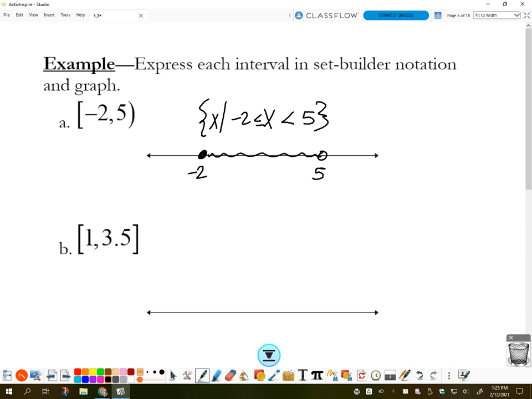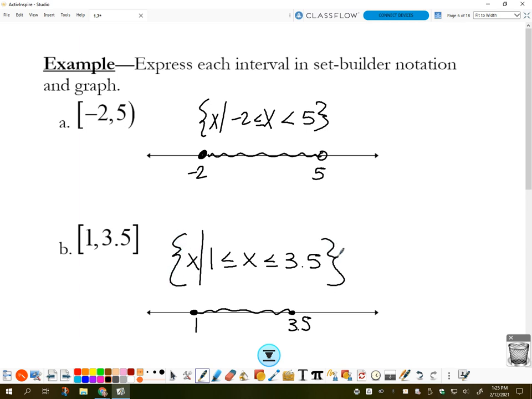Alright, so for this next one, we're going to have a closed circle at 1, a closed circle at 3.5. We want all of the numbers in between. So we would say that we want values from 1 to 3.5. And we're just going to say x is such that x is in that interval, is what set builder notation would look like.